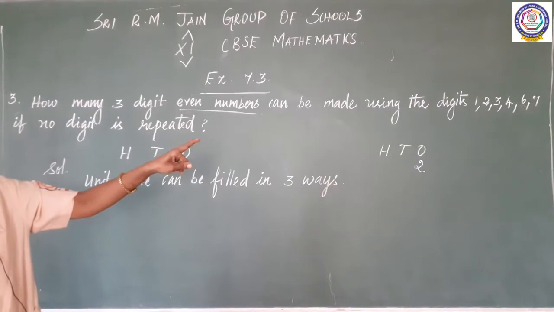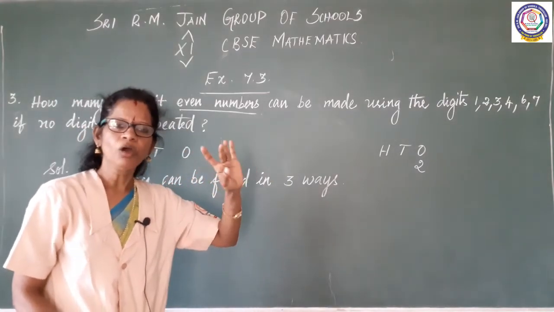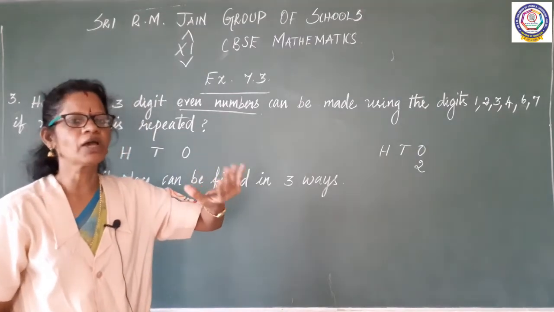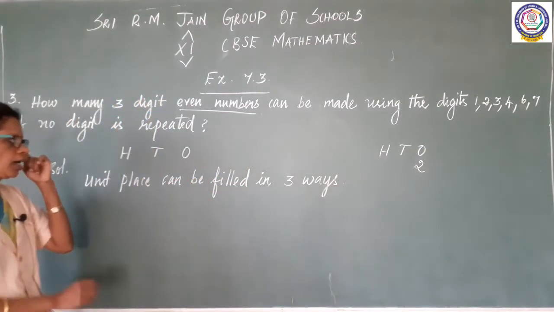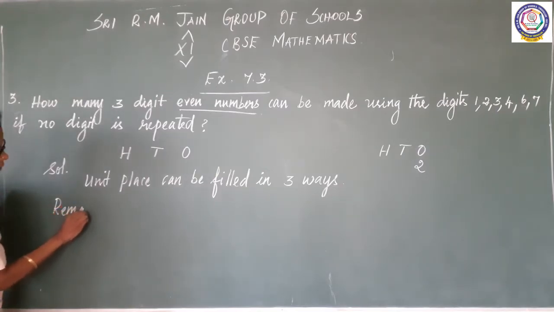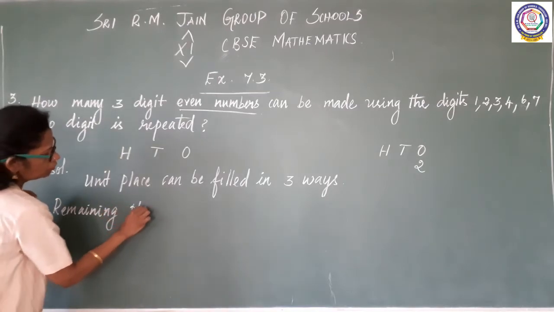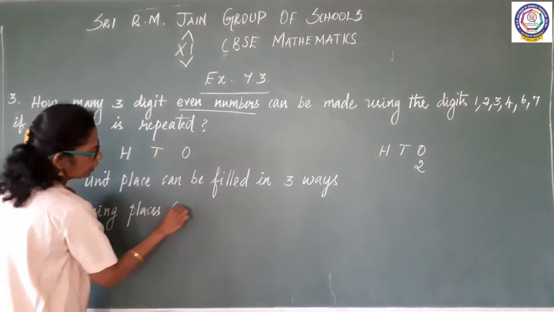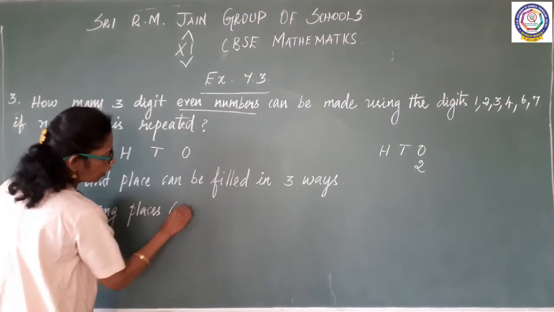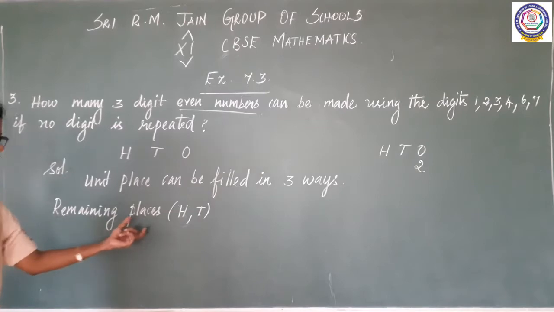What is the remaining number? How many numbers are remaining? 1, 3, 4, 6, 7. 5 numbers are there, right? Which are the remaining places? Hundreds and tens.